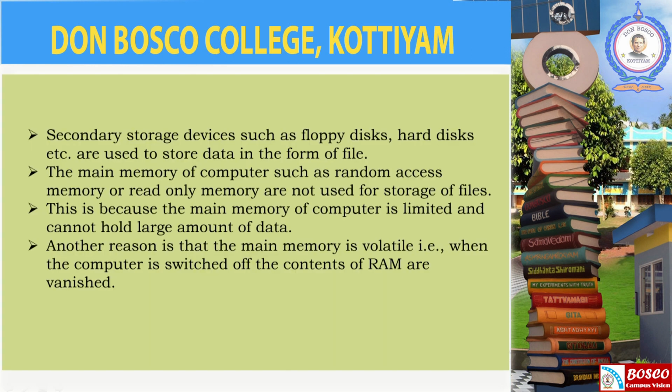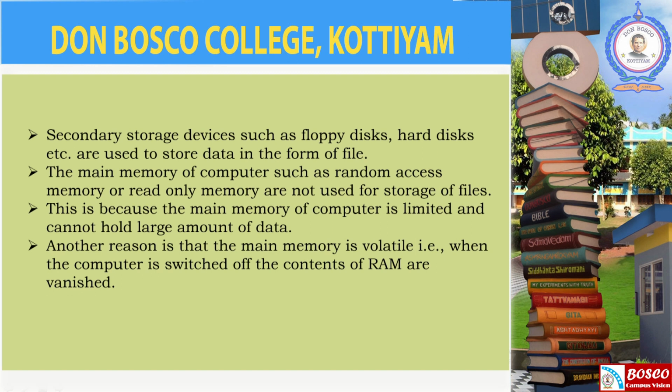We need a secondary storage device such as a floppy disk or hard disk to store the data permanently in the form of a file. The main memory of the computer, that is random access memory or read-only memory, is not used for storing files. That is because the main memory is limited, and it can hold only a small amount of data.